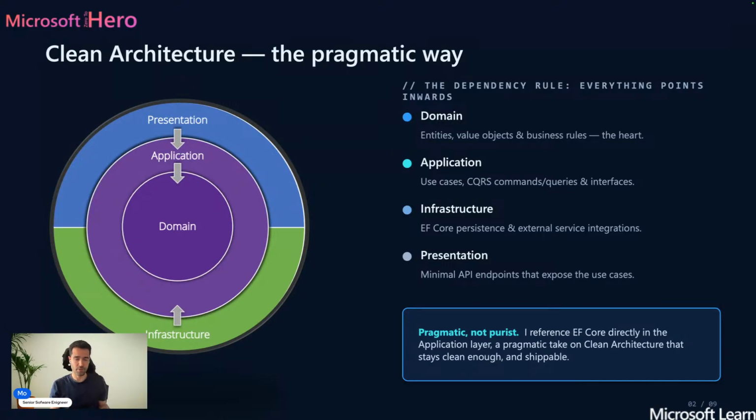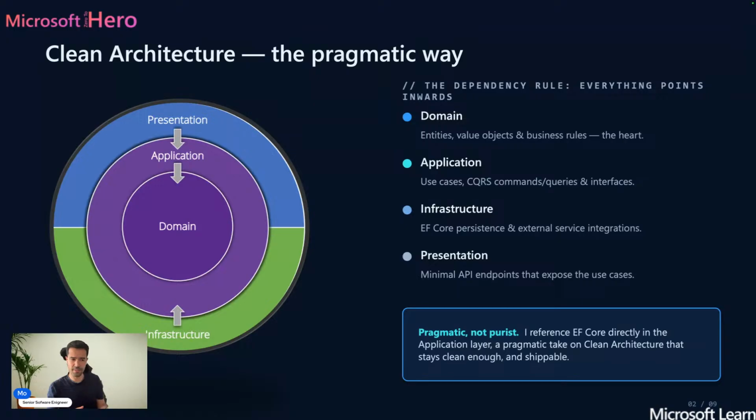Because in my code, in the application layer, there is a dependency to Entity Framework Core. And I have intentionally not used the repository or generic repository pattern at this stage.